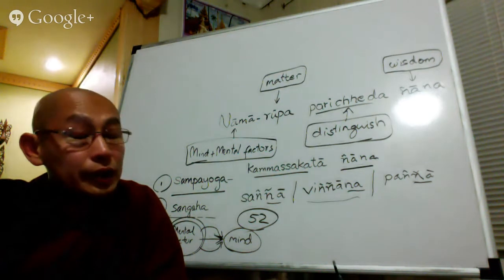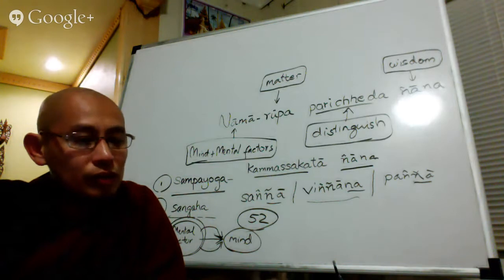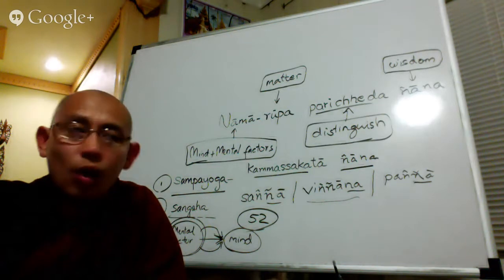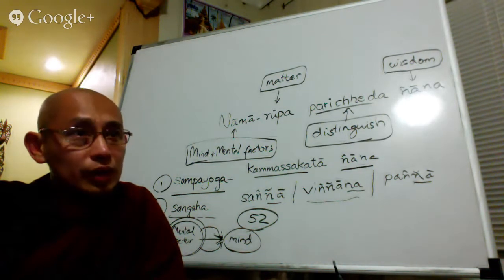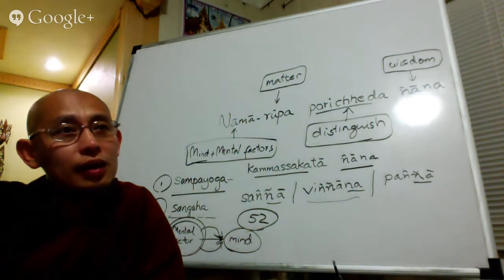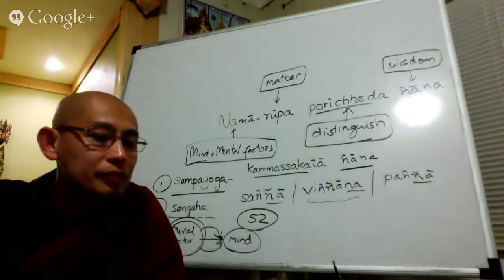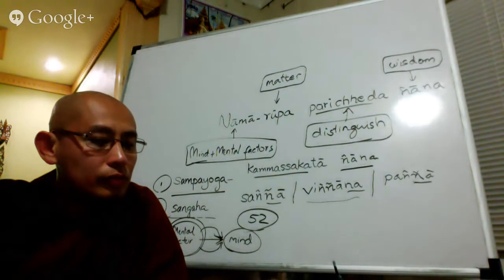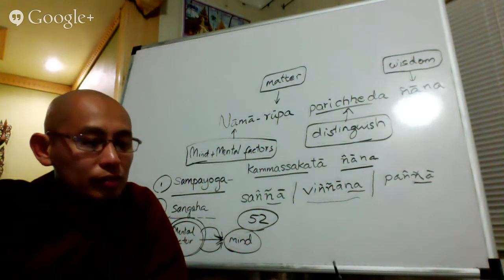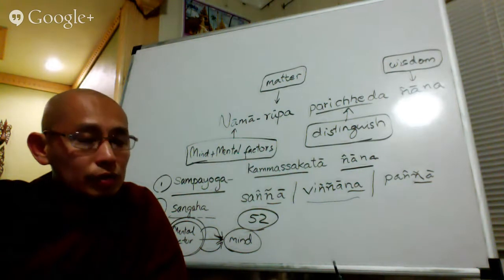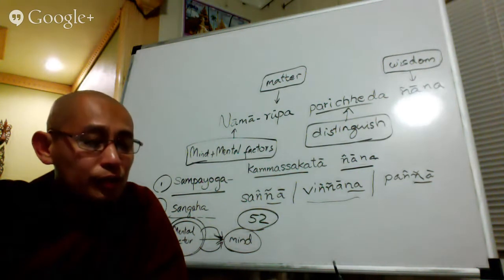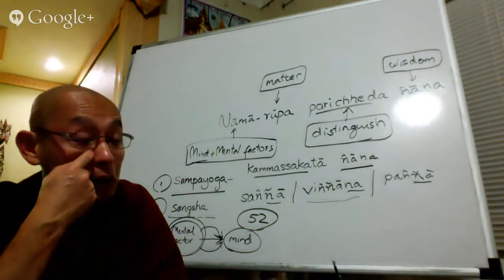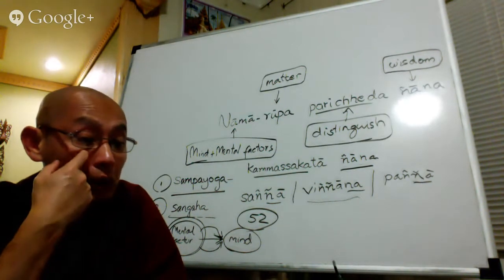Mind consequently, akusala and wholesome consciousness, unwholesome mind or wholesome mind, are associated with vicara. Without vicara, we cannot perform, we cannot do the unwholesome deed, bodily action, or verbal action.